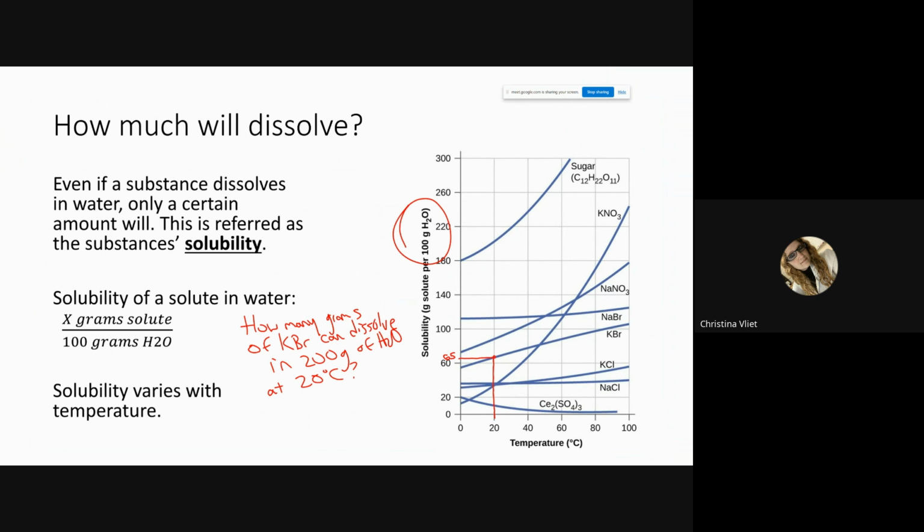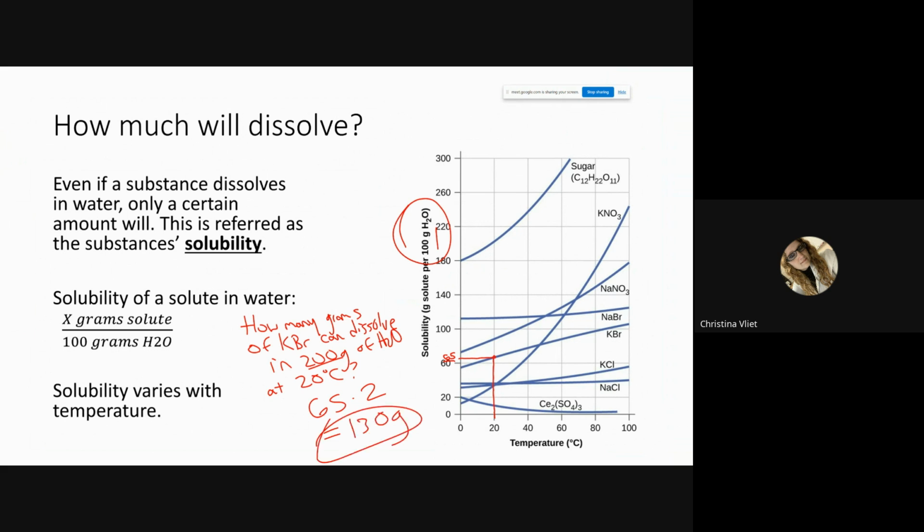If I double this, that means that this has to be double as well. Because this graph tells you the amount that dissolves in 100 grams. But you have 200 grams. And 200 is twice 100. So you would literally just do 65 times 2. You're allowed a calculator. It is 130.